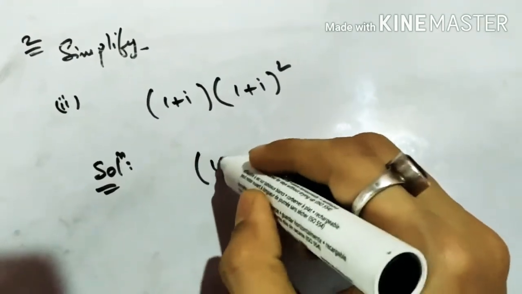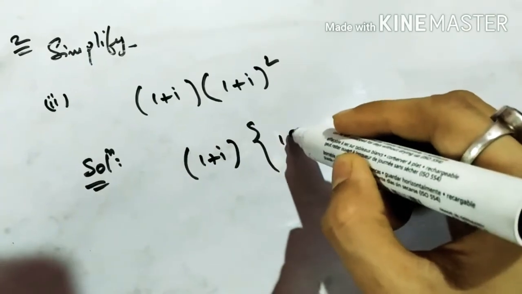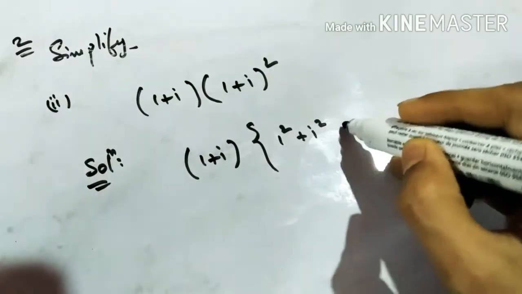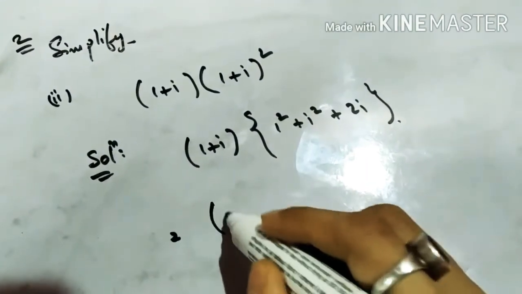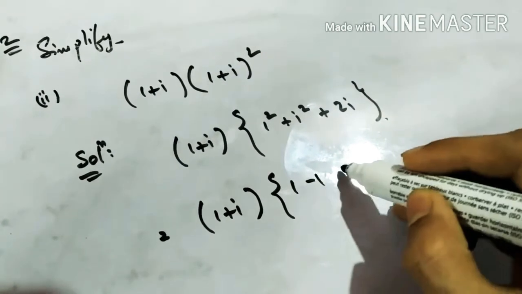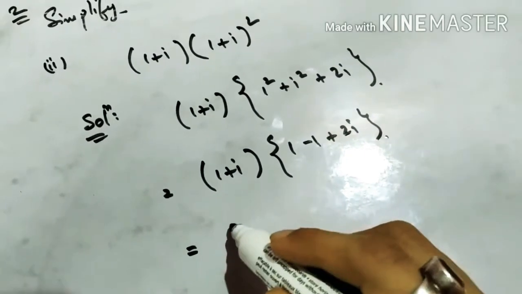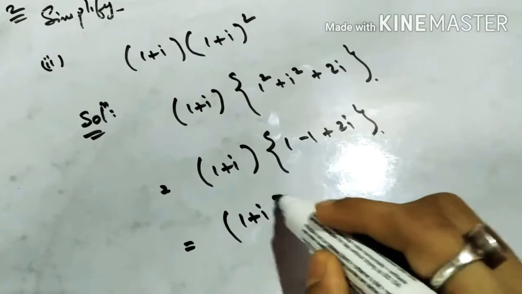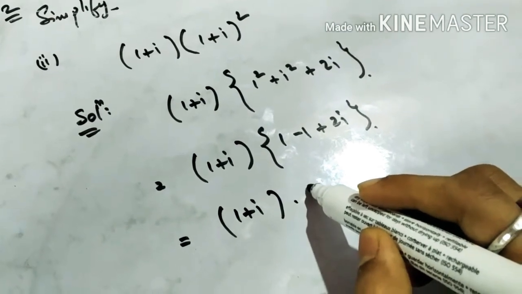In here, 1 plus i squared will become 1 square plus i square plus twice i, which is 1 minus 1 plus twice i, which will become twice i.